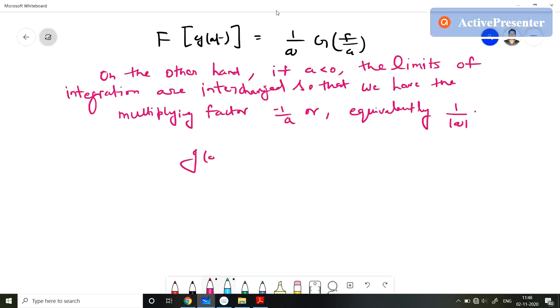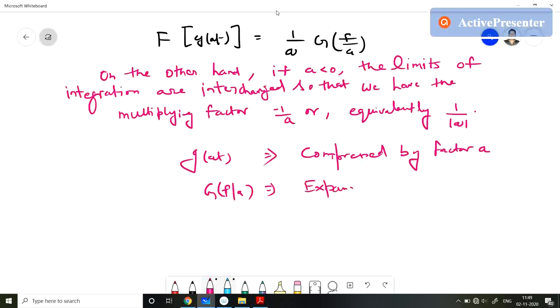So what we can find is that g(at) is compressed by factor a, and G(f by a) is expanded by factor a, and these two conditions are true when we have 0 less than a less than 1.